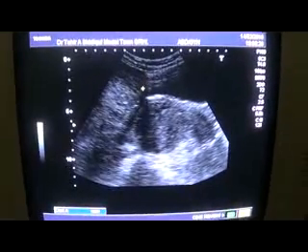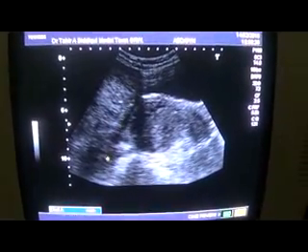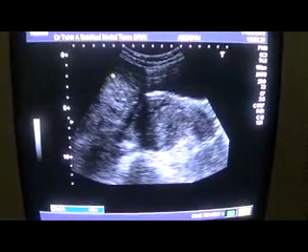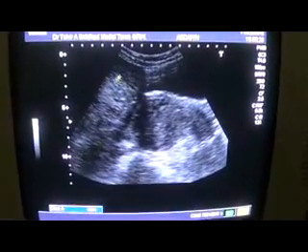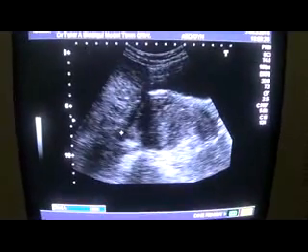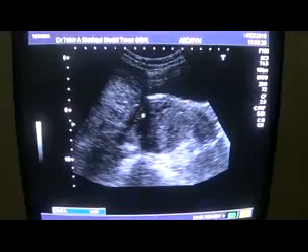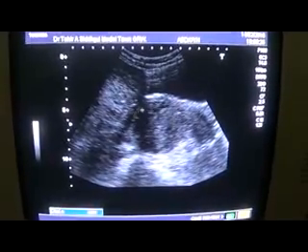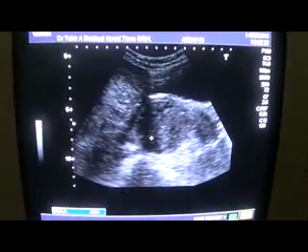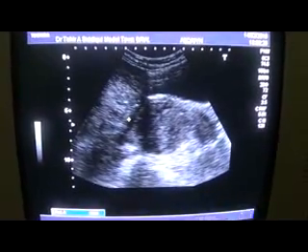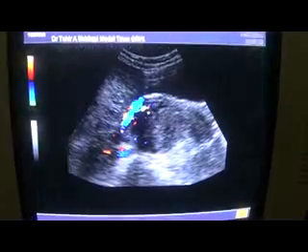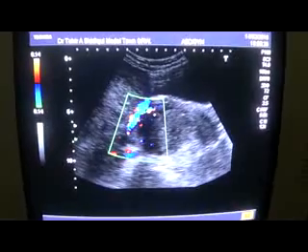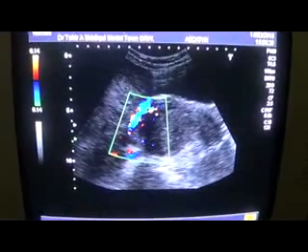This is the mass, a huge mass, and this is the lower boundary of it that does extend or communicate with the anterior myometrium. And you can see the blood supply or vessels through it.